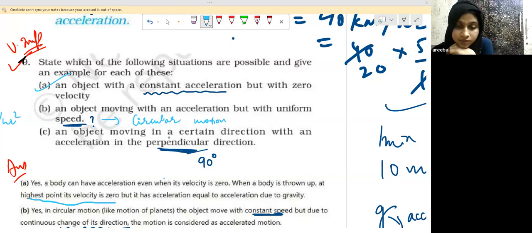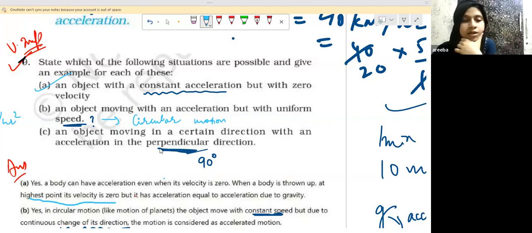In cases of circular motion, while traveling in a circular motion, the body is always in acceleration, but the speed remains uniform. Speed is not zero because speed doesn't have direction, but velocity has. So velocity is not zero. They are just confusing us with speed.